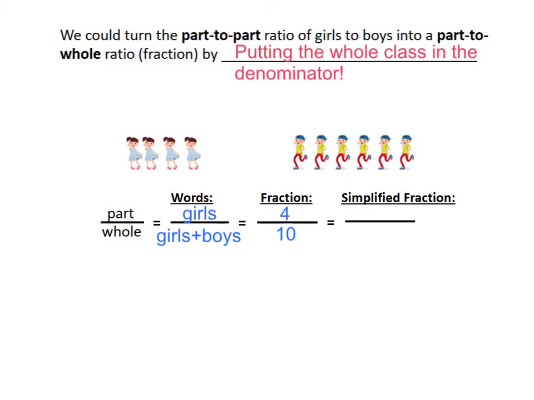So our fraction to represent the classroom is 4/10. And when we simplify that by dividing the top and bottom by 2, we get 2/5. So this is the difference between writing a ratio and writing a fraction. A fraction is always talking about a part that you are comparing to a whole item.